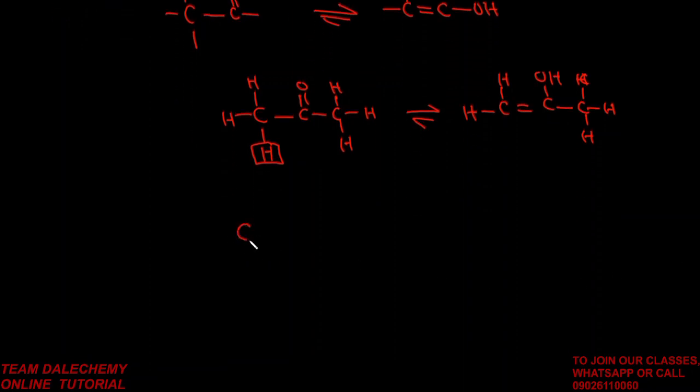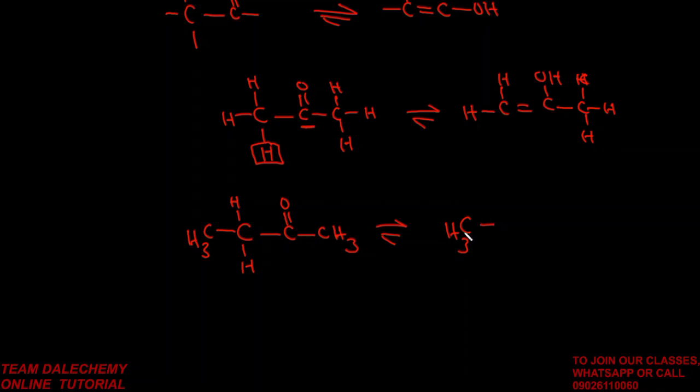So we can also have CH3 and then hydrogen, and C double bond O, then let's just leave it as CH3. So this can tautomerize to CH3. Now it will always be between this carbonyl carbon, the carbon with double bond oxygen, and the next carbon to it that is containing hydrogen.